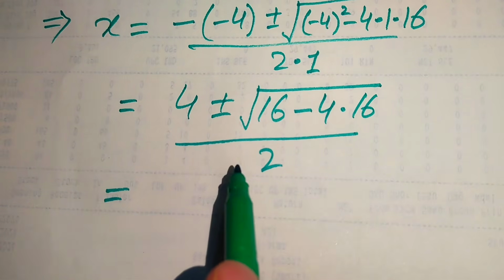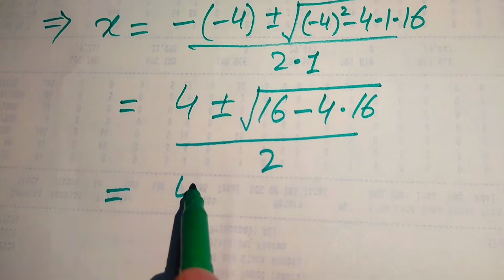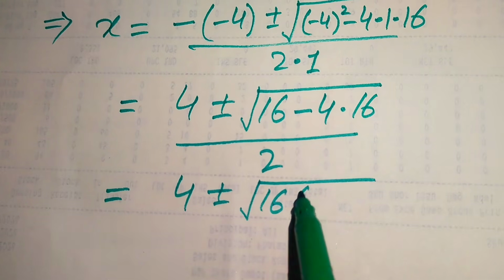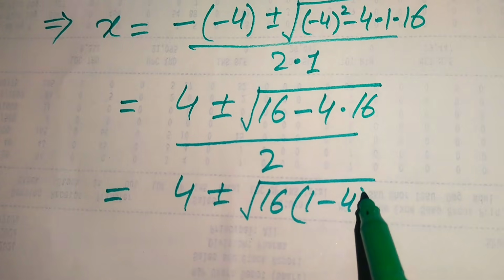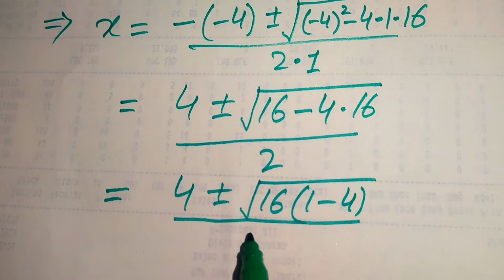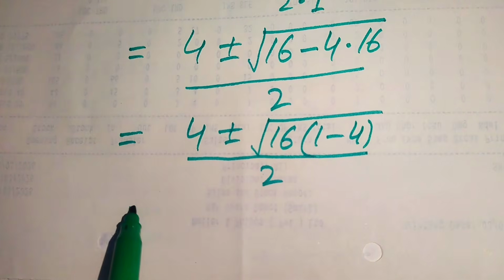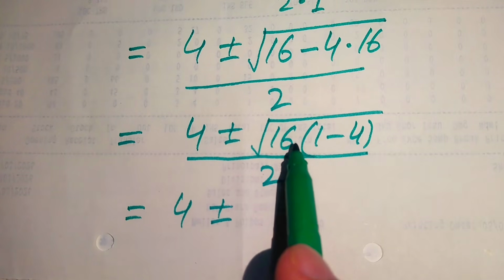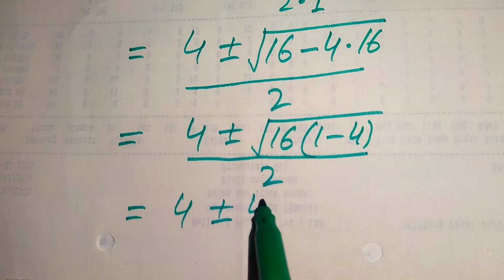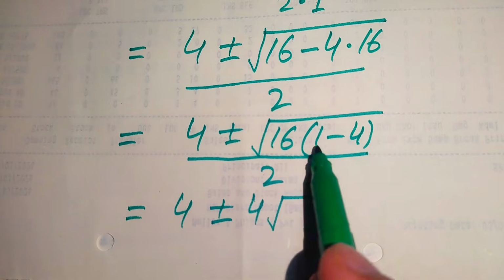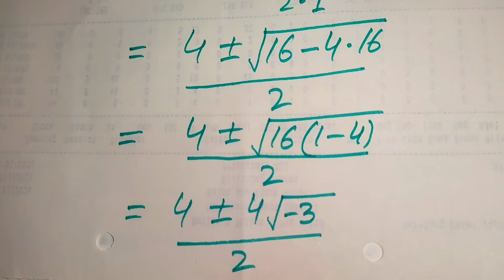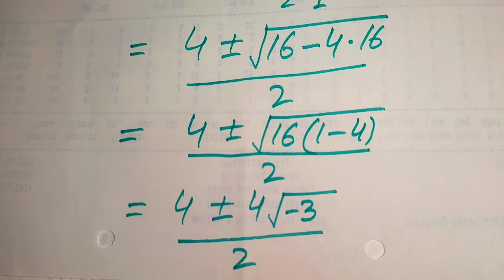Here you see that inside the square root sign we have 16 as a common term, so we take 16 common from here, and the remaining values are 1 minus 4, and it is divided by 2. So here you see this is 4 plus minus. We know that when we apply the square root on 16 it becomes 4 times the square root of 1 minus 4, and 1 minus 4 becomes minus 3, and it is divided by 2.